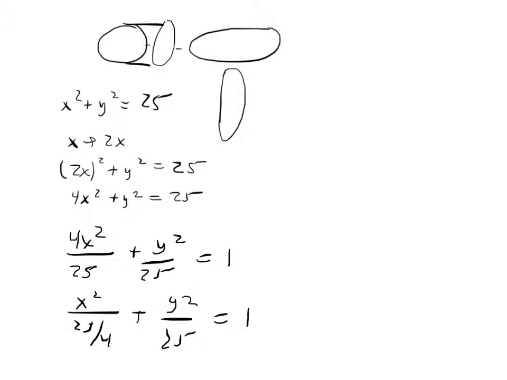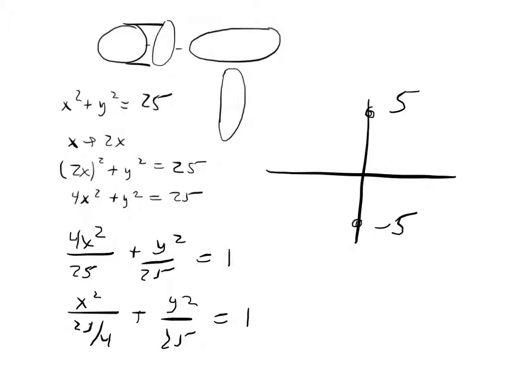I say, okay, where's that ellipse going to go? Well, we're looking at our y-intercepts, which clearly are still going to be 5 and negative 5, because I make x 0, so y is plus or minus 5.